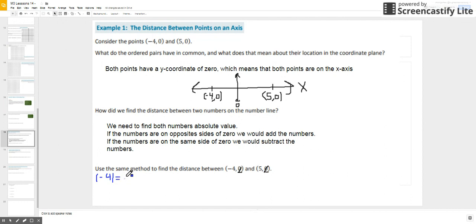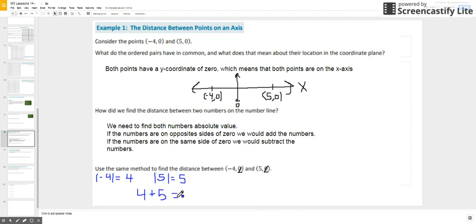Then the absolute value of +5 is still +5. These 2 numbers, the 4 and the 5, we're simply going to add together, because they're on opposite sides. One's to the left of 0, one's to the right of 0. And that gives me an answer of 9.